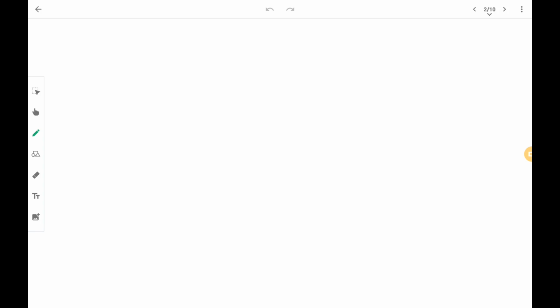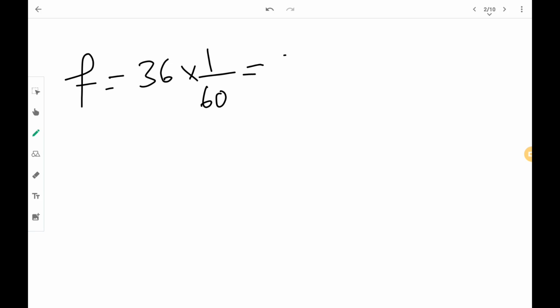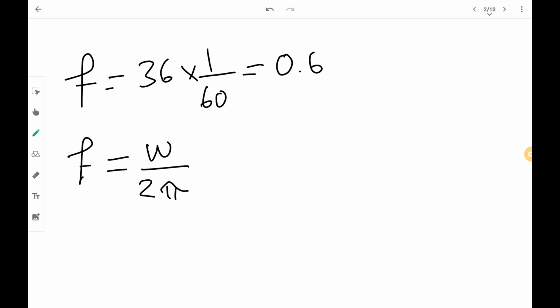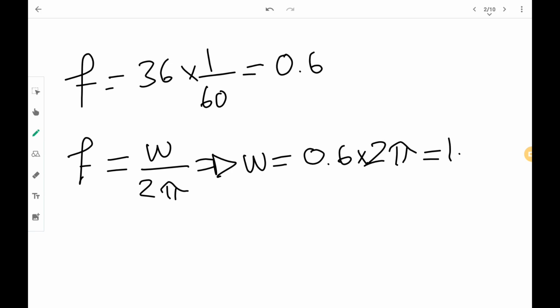First of all, we convert the frequency to revolutions per second, so you multiply 36 by 1 over 60, and you'll get 0.6. Then you have the equation: the frequency is the angular speed over 2 pi, so the angular speed is 0.6 multiplied by 2 pi, which is 1.2 pi.